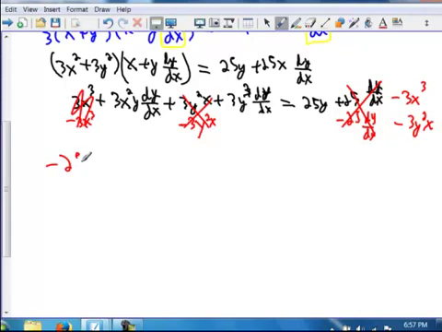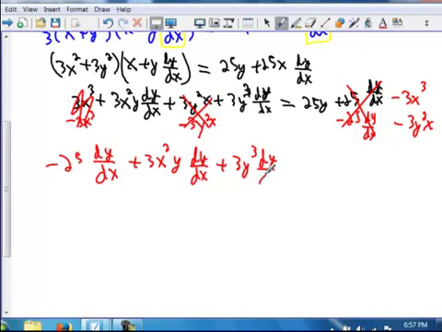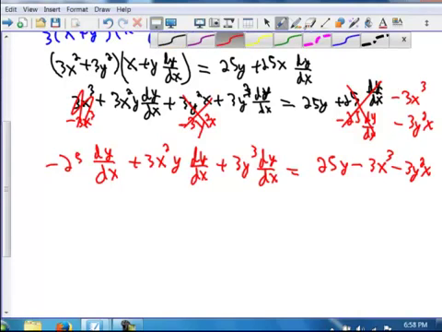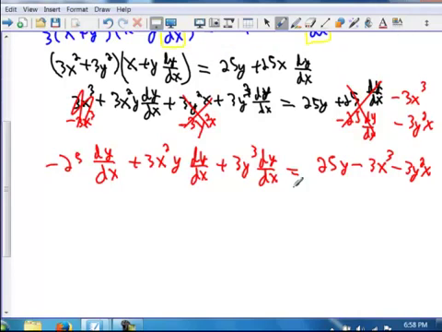So minus 25 dy/dx plus 3x squared y dy/dx plus 3y cubed dy/dx equals 25y minus 3x cubed minus 3y squared x. Hopefully no mistakes. I caught a mistake earlier, and that's why your video is skipping a little bit.